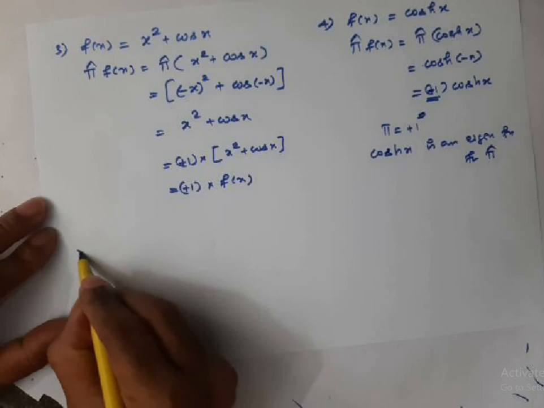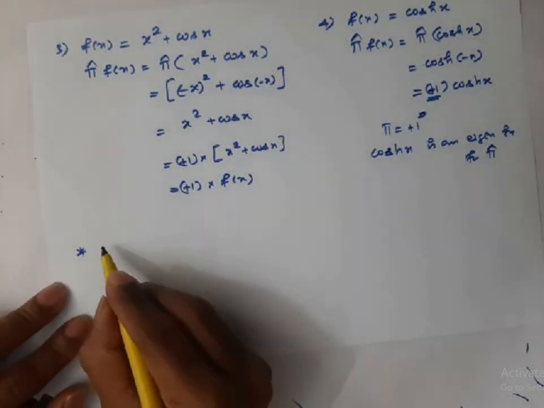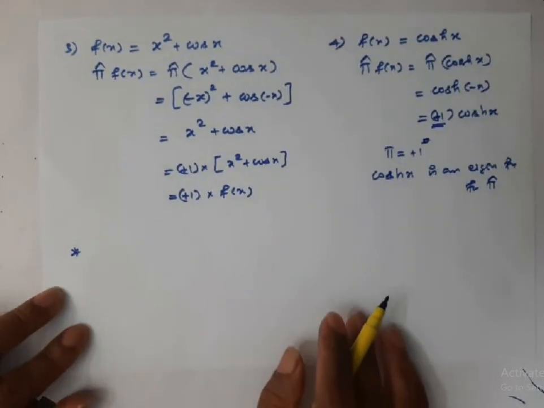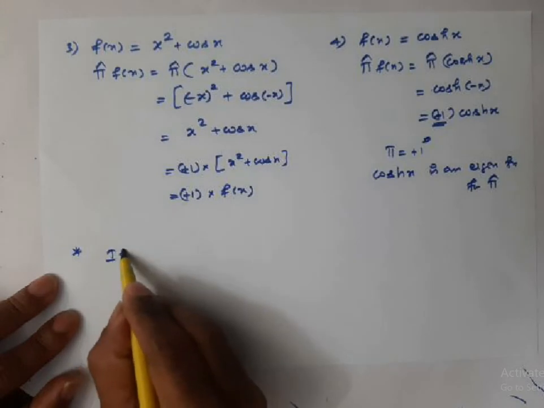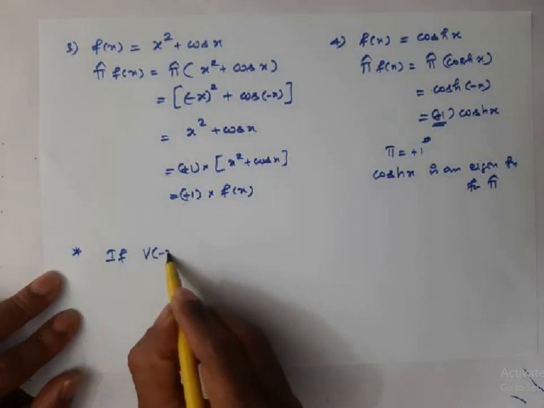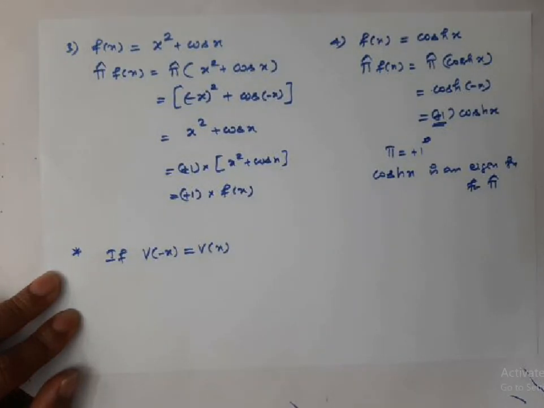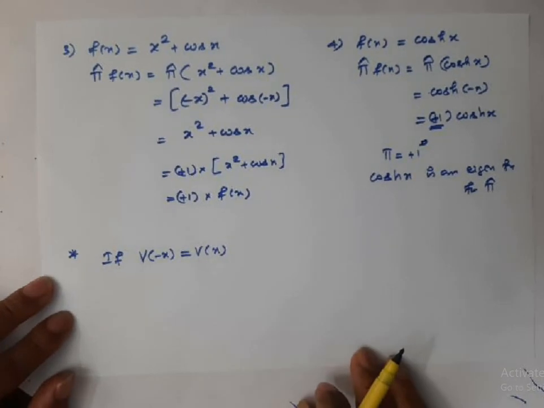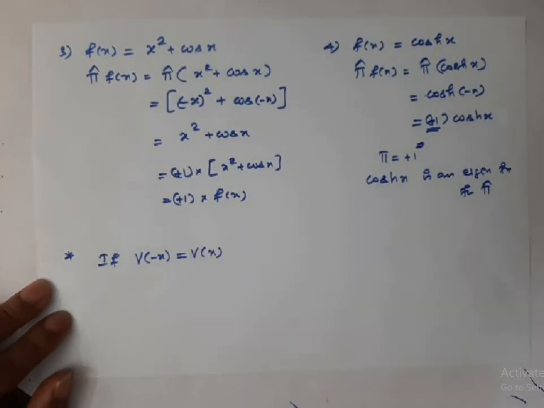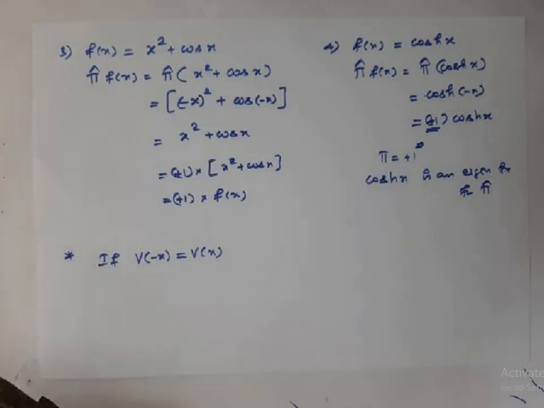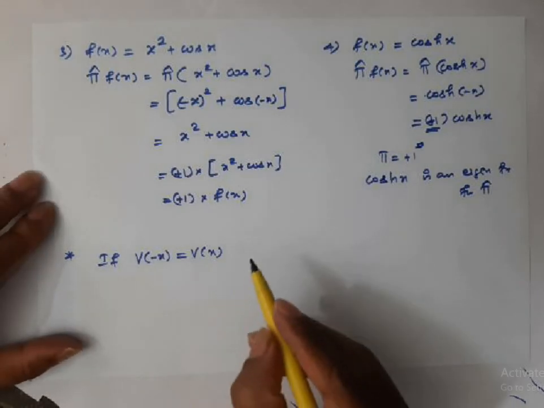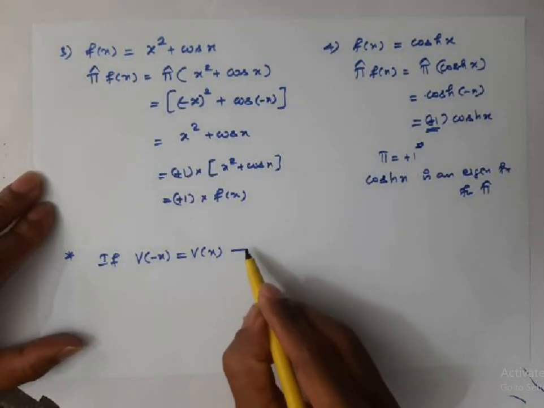Then the next important point: whenever potential energy is an even function, that is, if V of minus x equals V of x, then two points you should keep in mind.